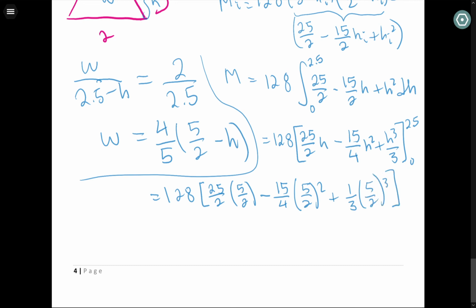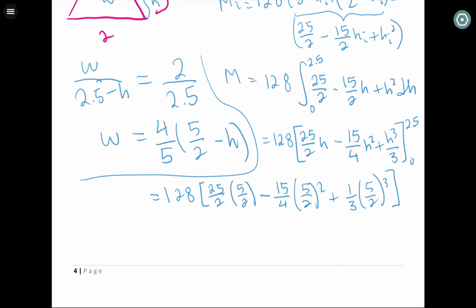And then we plug in 0, we get 0. Okay, let's see if I can do this carefully. I see 128, and then I'm going to have 25 over 2 times 5 over 2 minus 15 over 4 times 25 over 4 when we square that, plus 1 over 3 times 125 over 8.